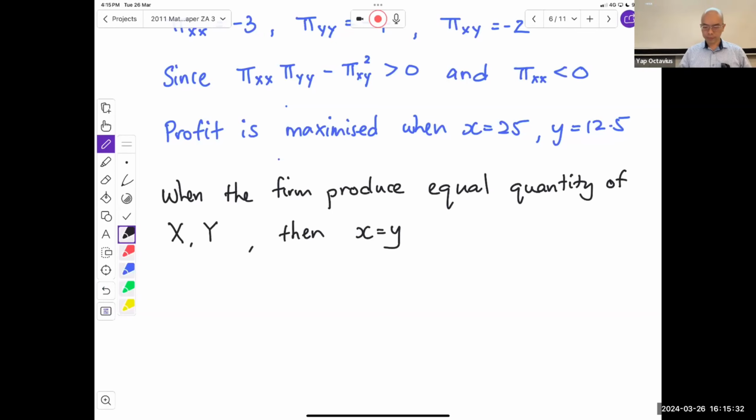Okay. So our profit function, you have a choice. I chose to change everything to X. You can do everything in Y. I'll do everything in X. You can try to do everything in Y afterwards, and see whether we get the same answer or not.